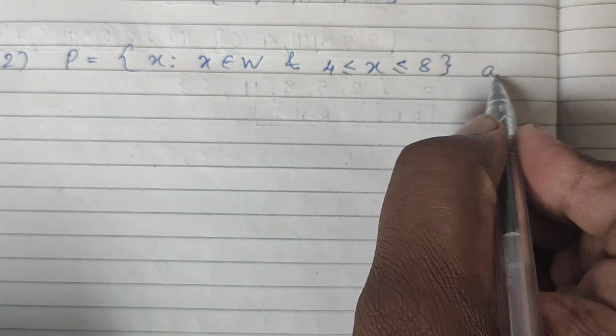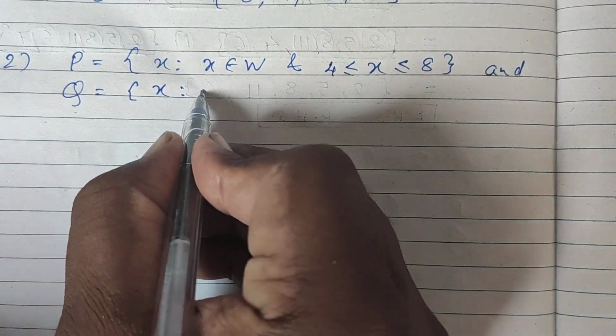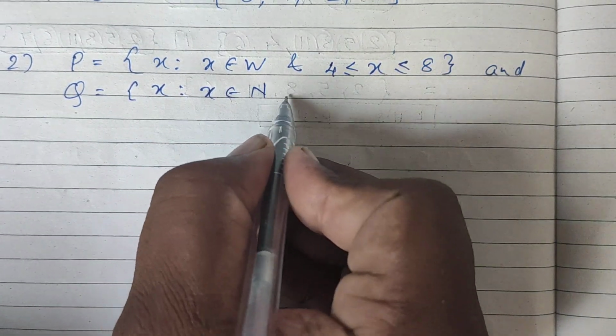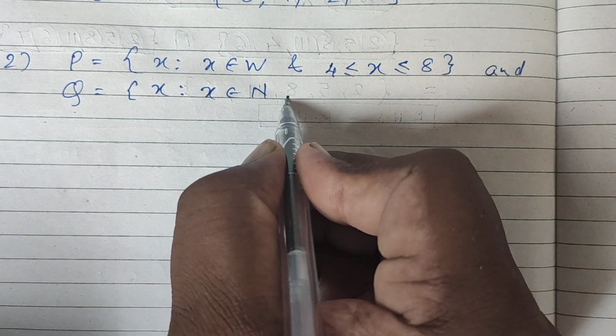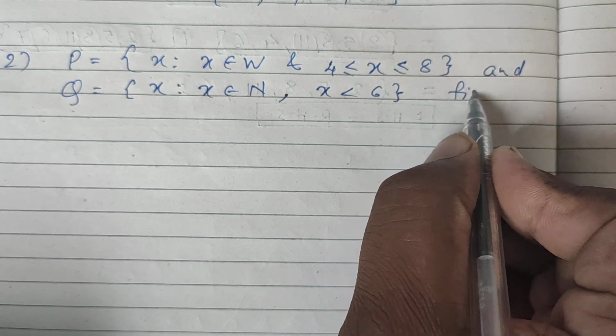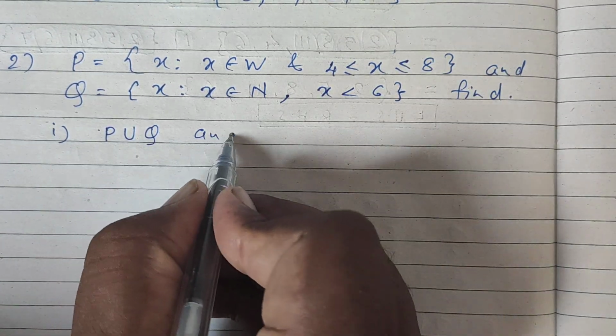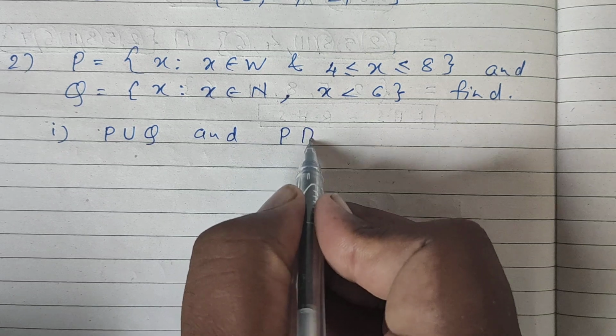And the Q set is also there, in which x such that x belongs to the natural numbers and x is less than 6. And we need to find out, first, P union Q and P intersection Q.